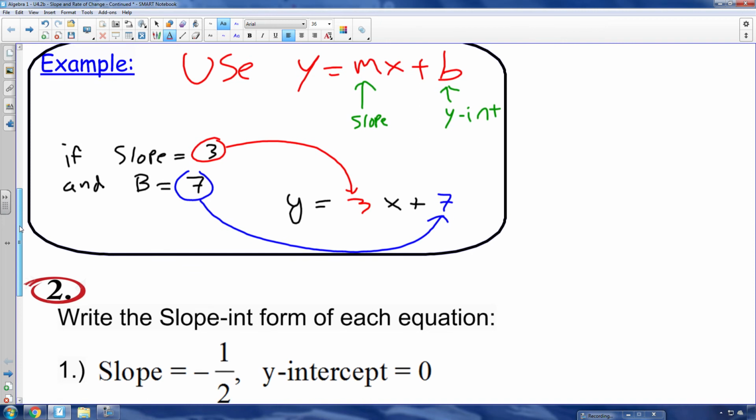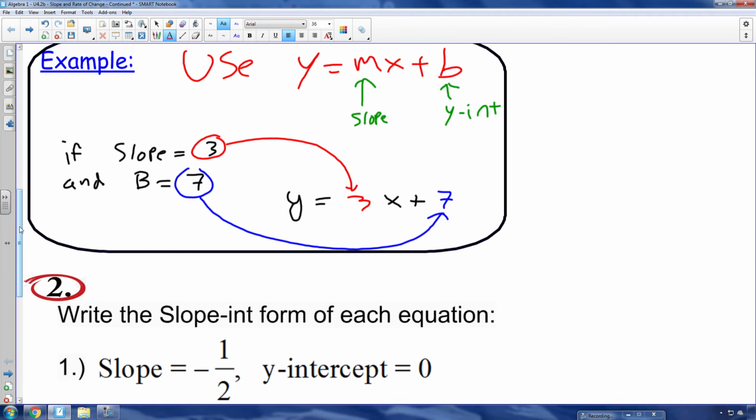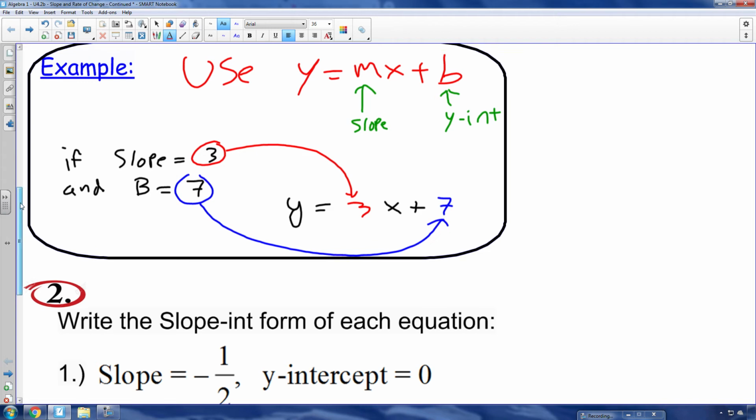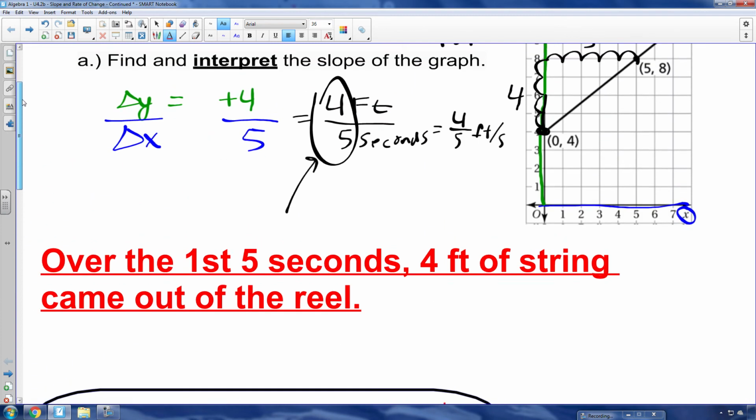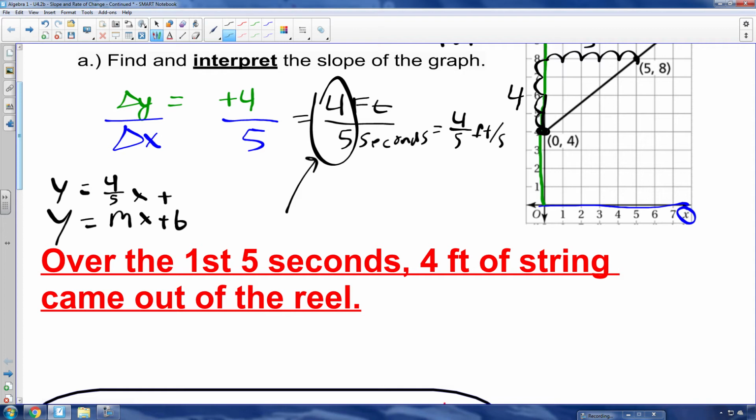So this might be a familiar form of a line. We're going to start getting into y equals mx plus b. And if we look at the line above, we might wonder, what was the slope of the line above? Well, we know the slope of the line above was 4 over 5. So if I was to do y equals mx plus b, and I was to use m for the slope, because m is from the French word monter, plus b, well, what was the y-intercept?